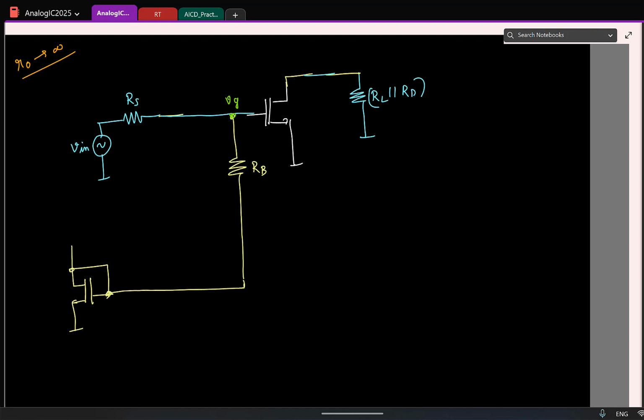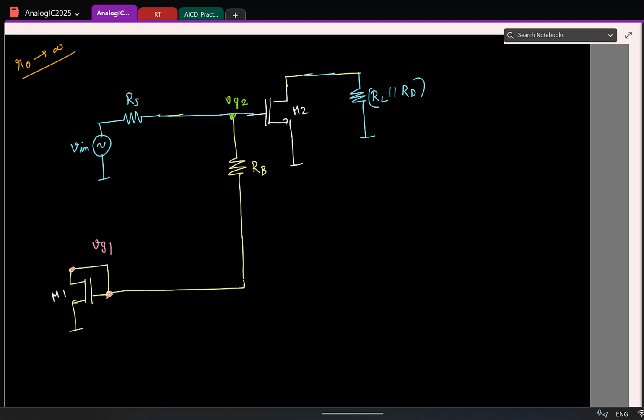So first, let me label the transistors also for simplicity. Let's say this is M1 and this is M2. I'll call this VG2, and similarly I'll call this VG1 for transistor M1. Now let's try to draw the small signal.